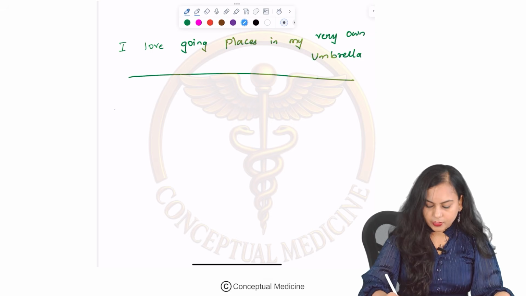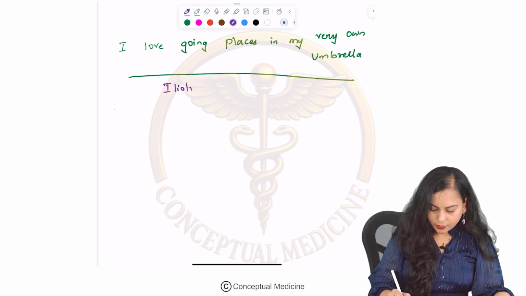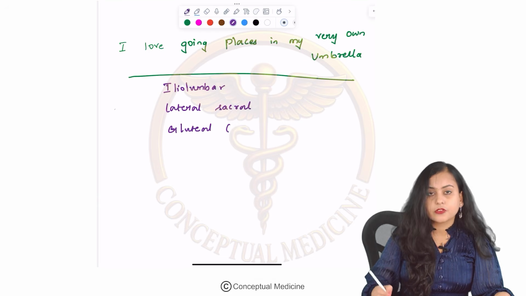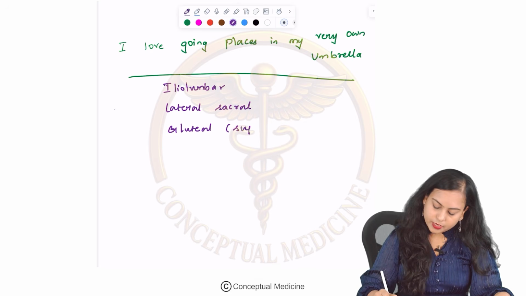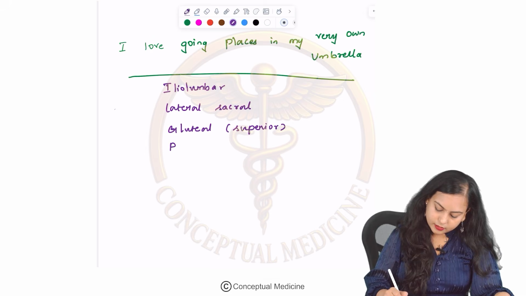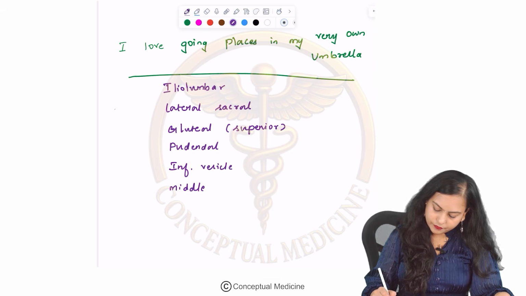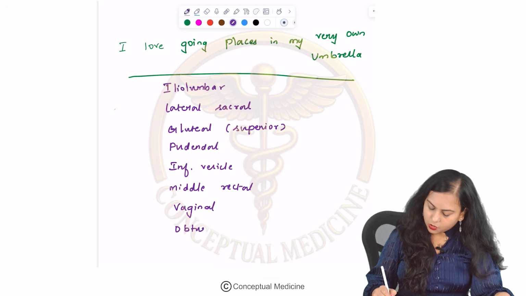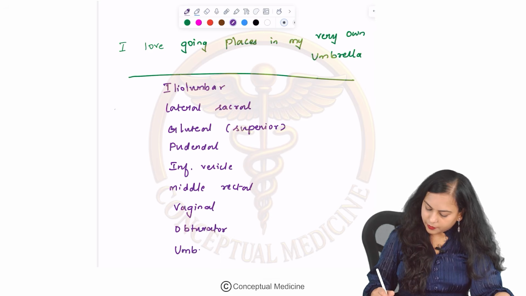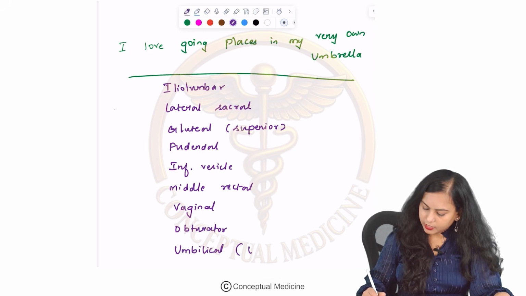We have the iliolumbar artery, lateral sacral artery, gluteal artery, that is your superior gluteal artery, then your pudendal artery, inferior vesical artery, then your middle rectal artery, then vaginal artery, obturator artery and your umbilical artery, and here keep in mind uterine artery as well, because this is seen only in females.